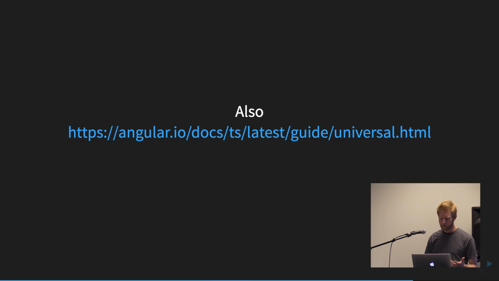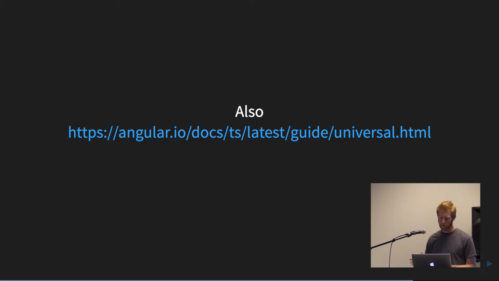There's also a guide in the official Angular docs. It takes the Tour of Heroes tutorial and adds Universal to it, so it's one way to do this as well.